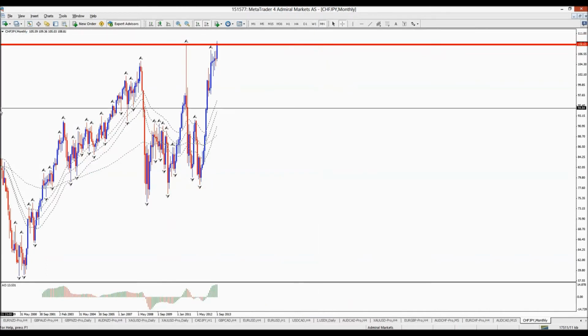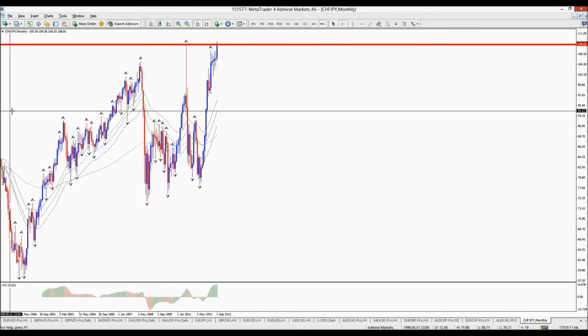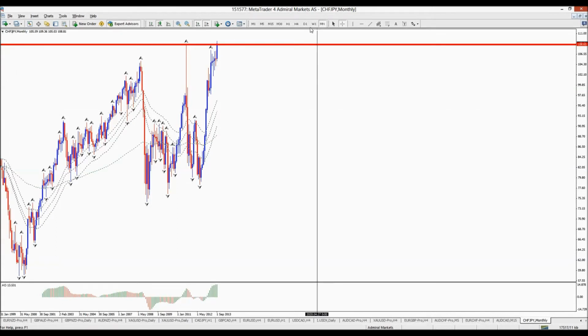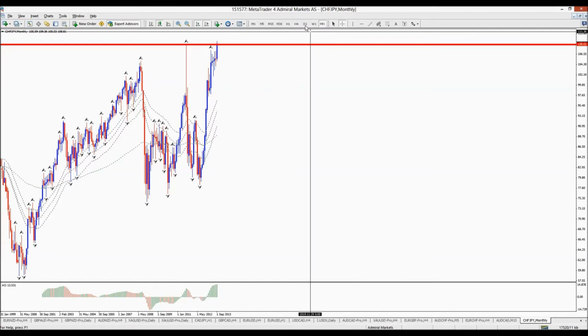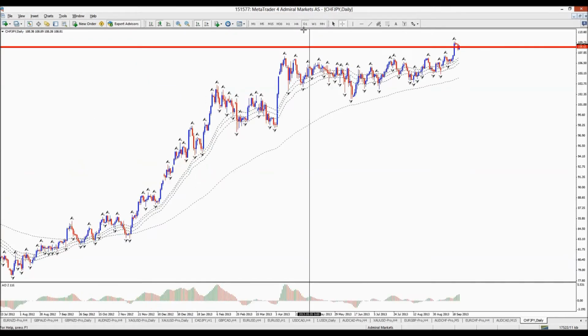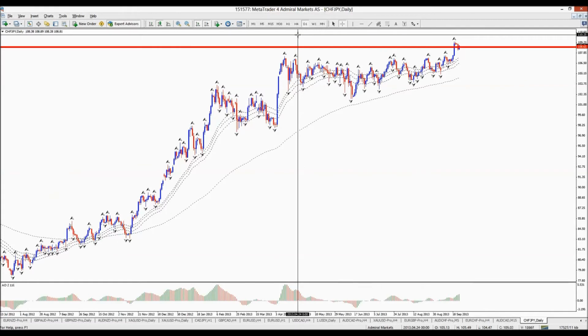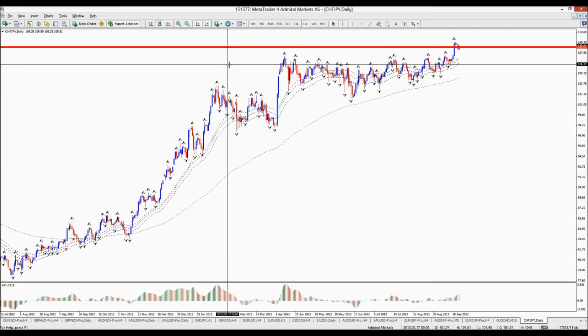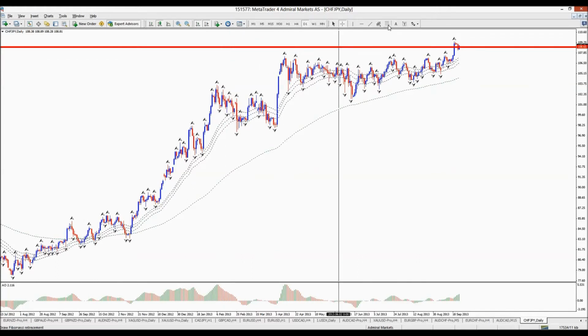Oh, wait, I can see all the way back to 1999. Never was that high. Don't know what happened before that. I'm not a Swiss yen expert here, but obviously the high of the last 15 years, breaking that is quite impressive, first of all. The question is, how high can we go? Well, let's use our fibs here.